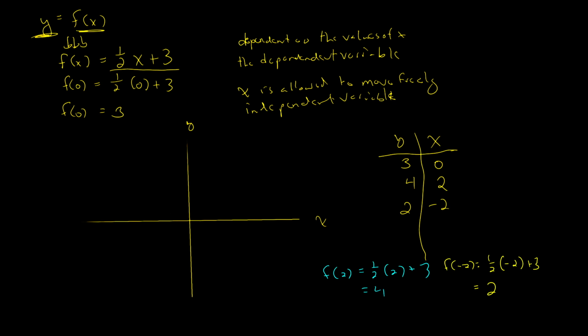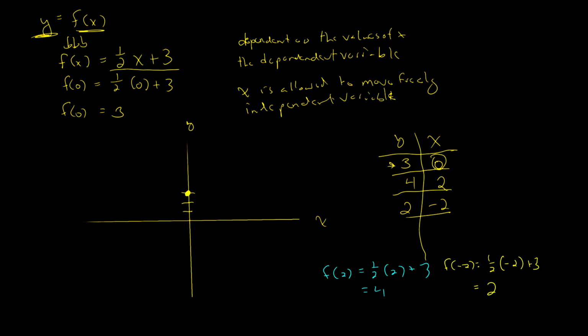And so now I can plot these points. I can find these ordered pairs and see where they are in my space. So if x is 0, I'm up 3 on the y-axis. So I'm here, right? Because x is 0, I get 3 for y, and that's the point 0, 3.